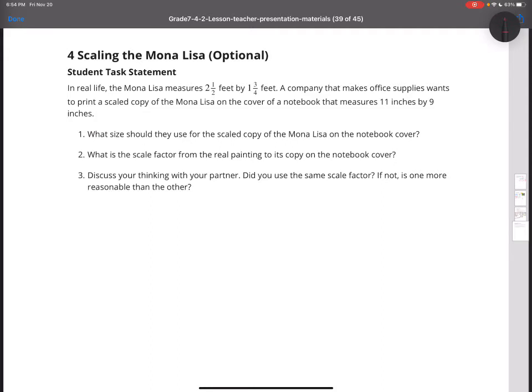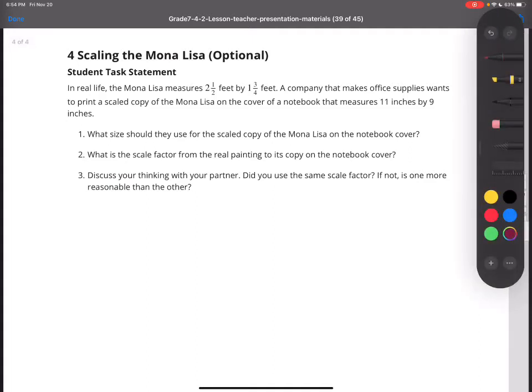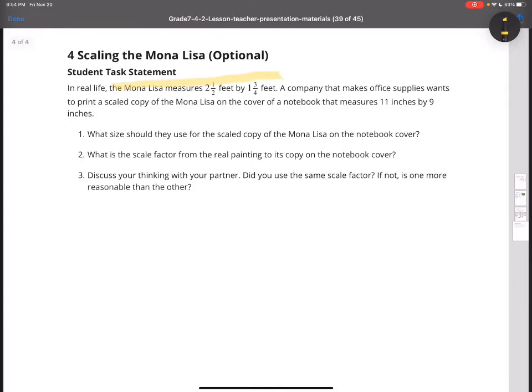Okay, so the first thing we need to do is annotate, which is the actual size of the Mona Lisa right here. That's important. So the Mona Lisa measures 2 1/2 feet by 1 3/4 feet.